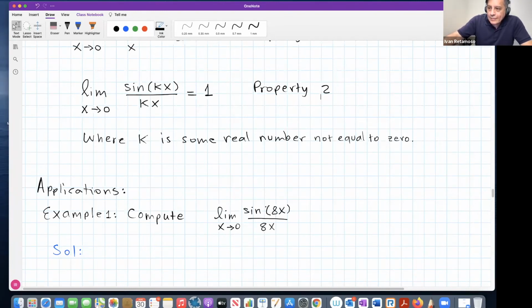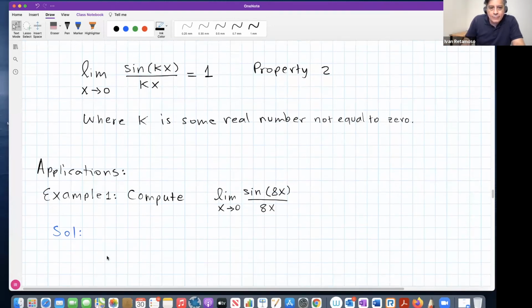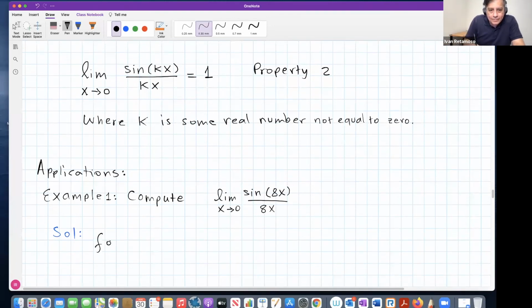Notice that since this property is true for any value of k, in particular for k equal 8, we can apply the property, right? Excellent. So this is just an application of property 2 for k equal 8.